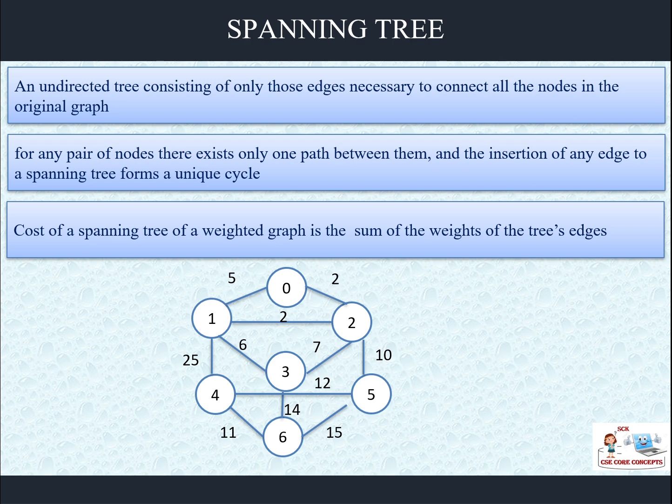Okay, 0 to 2 the cost is 2, 0 to 1 the cost is 5. Understood? So this way multiple paths can be there. If we want to make a spanning tree, we are going to eliminate all the redundant paths or the paths which give us a higher cost.